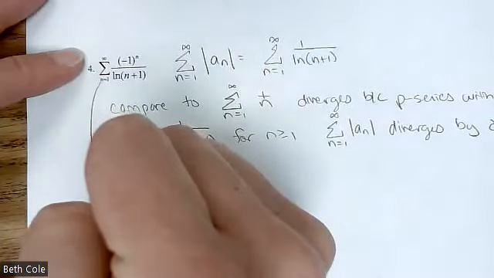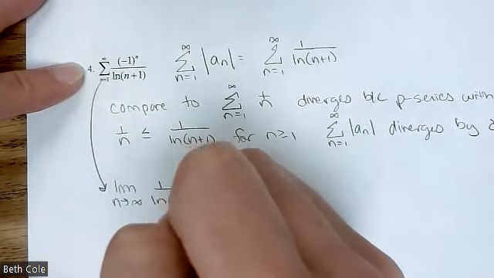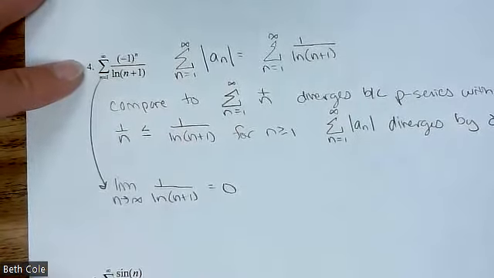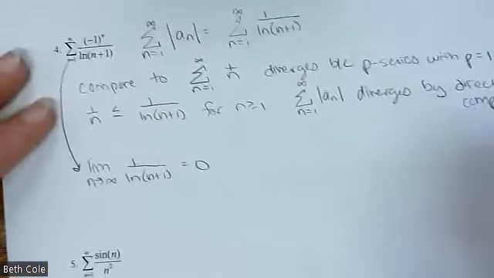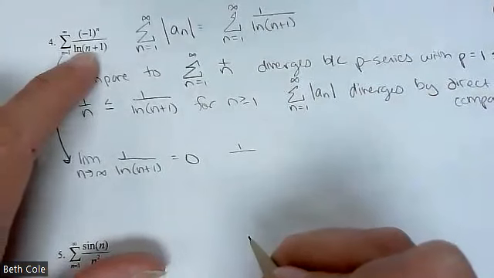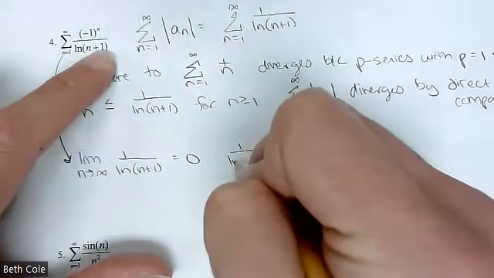AST, all right, so we're going to do the limit as n goes to infinity of this, which does go to 0. The denominator keeps getting bigger and bigger, so that's going to go to 0. And then the second step of it is that you need to show the terms keep getting smaller and smaller. So I'm going to plug in n plus 1. So you'd have n plus 1 plus 1.